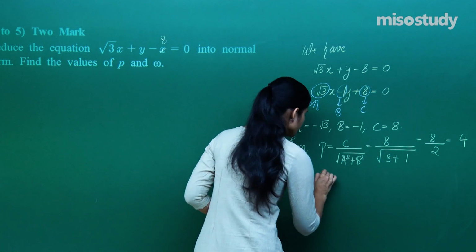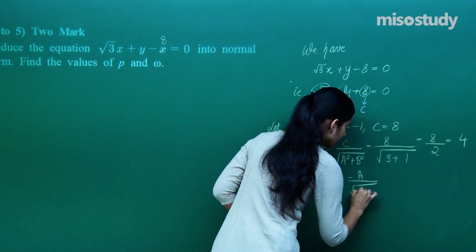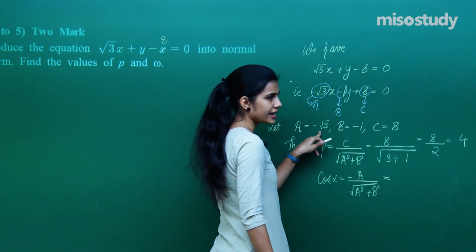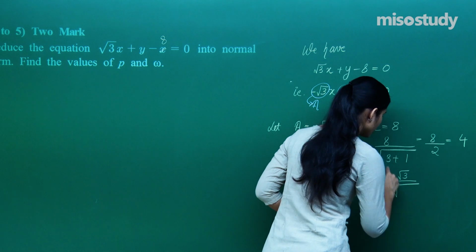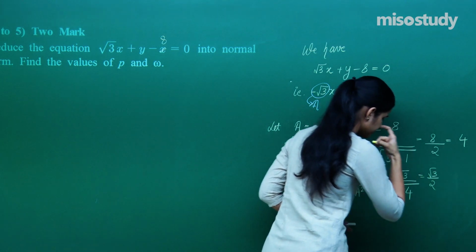Cos alpha is minus a upon under root a square plus b square. Minus a is minus root 3, so minus of minus root 3 is root 3 upon under root a square plus b square, that is root 3/2.